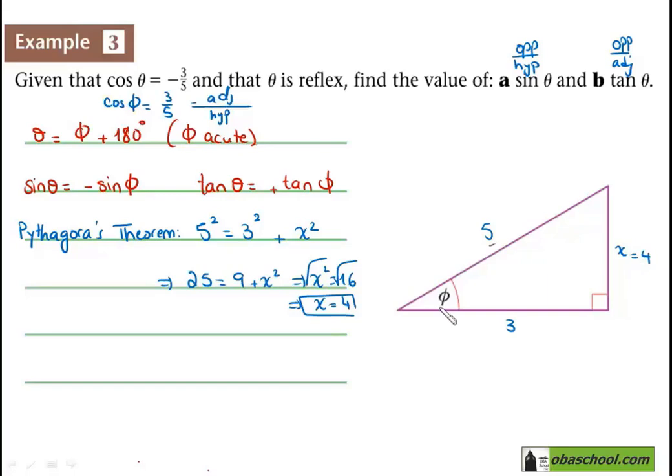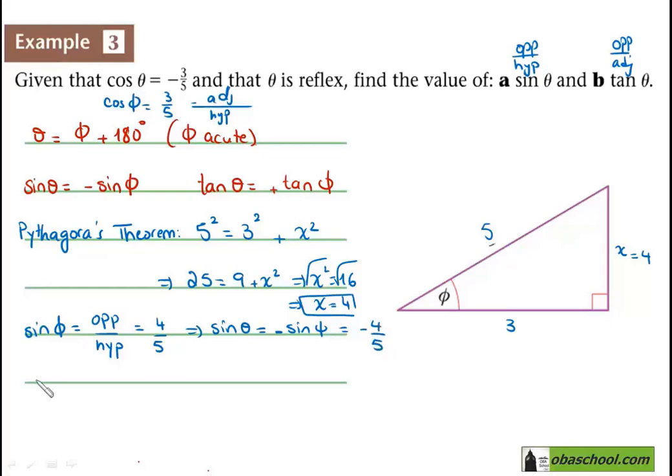Now for the sine phi, it is opposite over the hypotenuse inside this right triangle. Opposite is x, so 4 over the hypotenuse, which is 5. So we have 4 over 5. Since we calculated sine phi, we know that sine theta is minus sine phi. Thus, sine theta is minus 4 over 5.